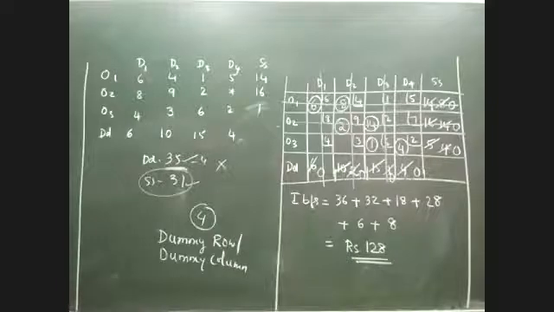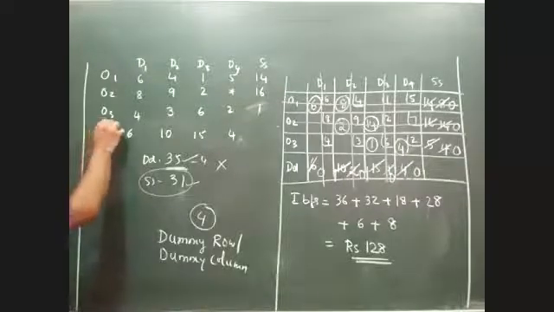Is the shortage in row or in column? Row, sir. Obviously, there is a shortage in row, which clearly means that I am supposed to introduce a new row called O4.